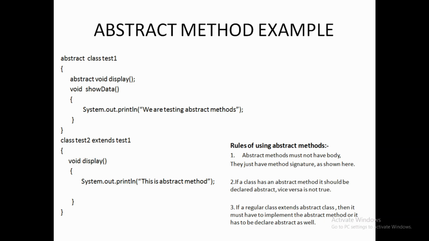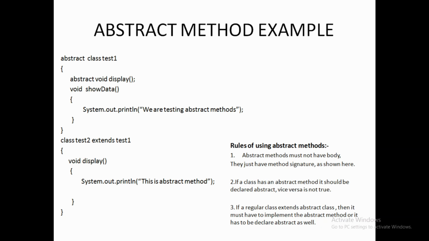As you can see here, if any method is defined as abstract inside a class, then that class has to be abstract. But the vice versa is not true. That means if a class is defined as abstract, then it is not required that all the methods defined inside that class are abstract. As in the case here, we have the abstract class test1, but one of its methods is abstract and one of its methods is not abstract.